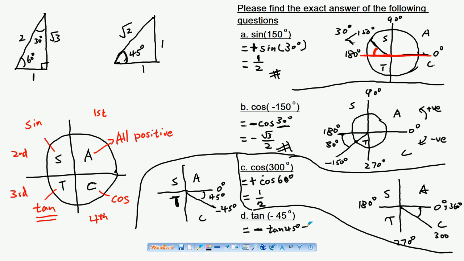From our graph, tangent is rise over run, which is 1, so it equals minus 1. And that's it. That's how to solve those questions by using our special triangles.